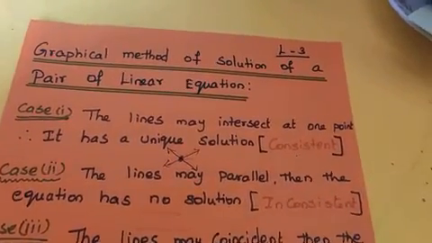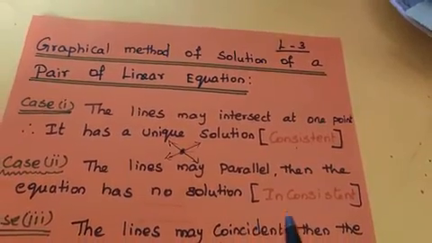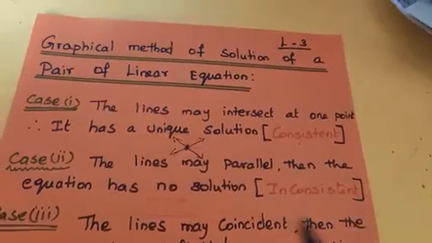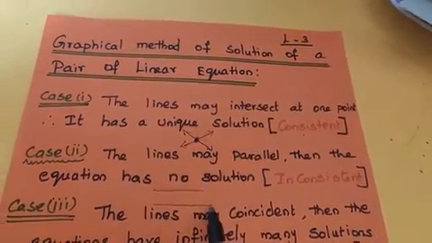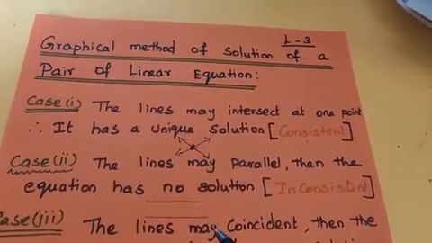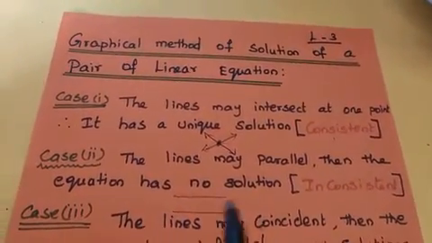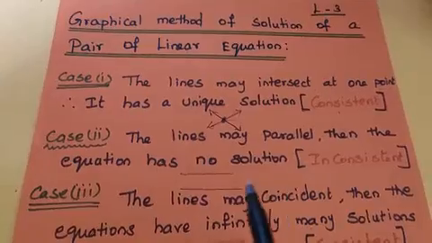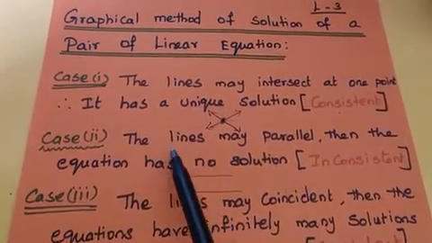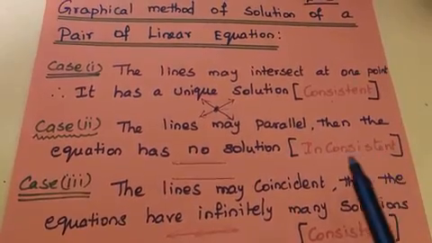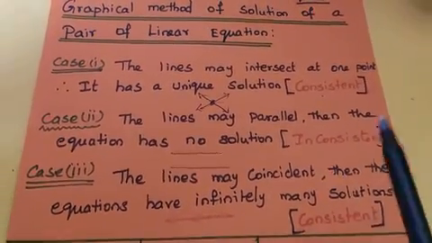And in the second case, the lines may be parallel. If they are parallel, it has no solution, because they never meet each other, so how can we find a solution for the equation? We could not, so there it has no solution. Where the lines are parallel, we get inconsistent, meaning we will not get a solution for the equation.